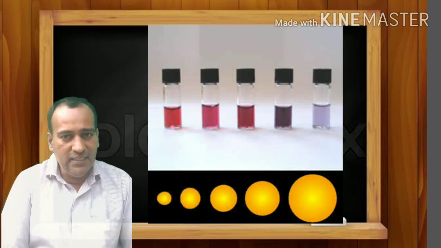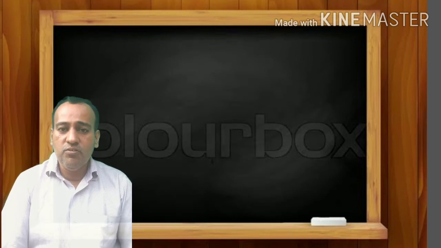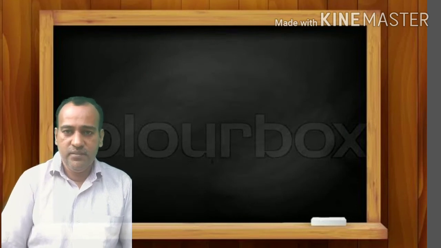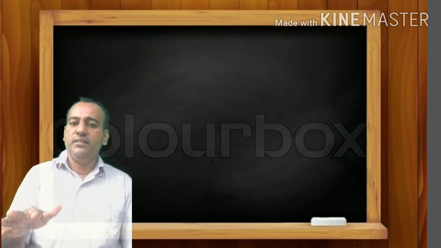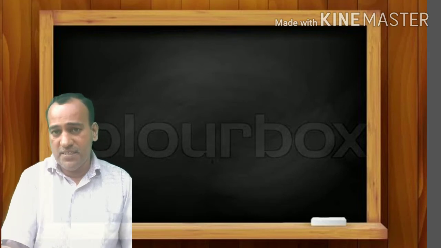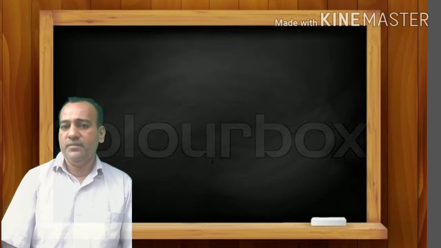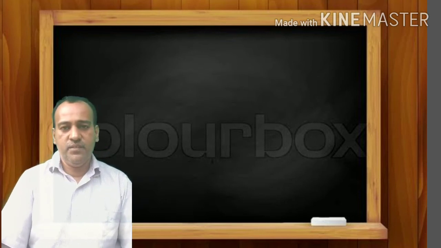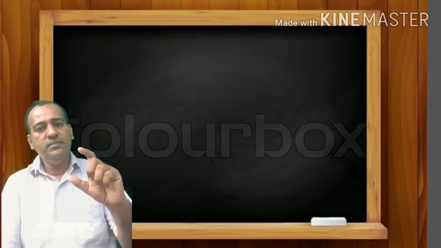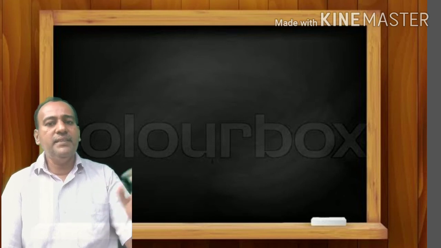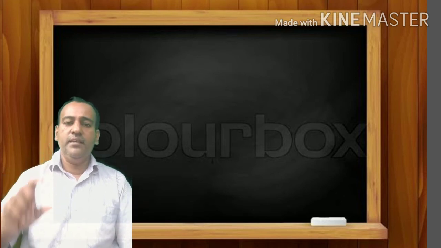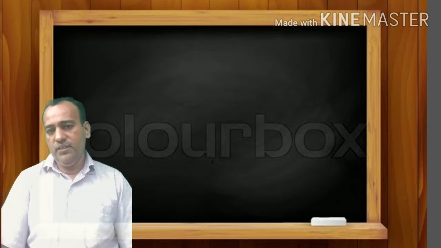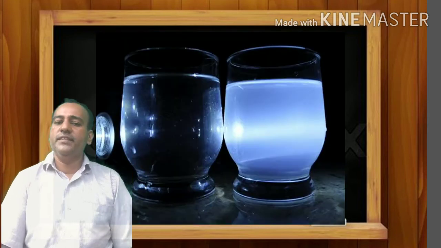The second point regarding color is that it is based on the observer. That means in which manner the observer receives the light, based on that the color of the colloidal particle changes. For example, take a mixture of milk and water in a glass tumbler. If you look at it, it is blue in color.